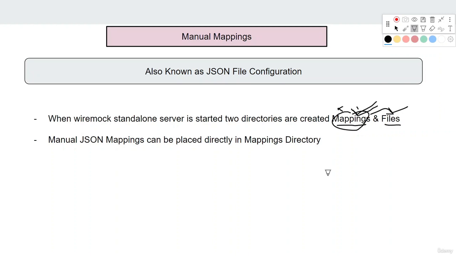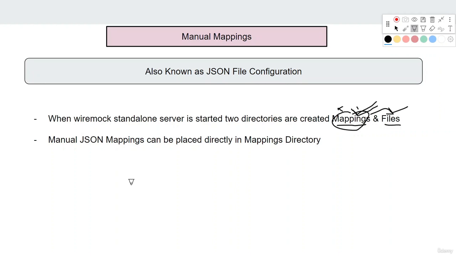So manual mappings, JSON mappings, are quite simple, and they are not used quite frequently, but where they are helpful is, suppose you have a team or a project where multiple members are working on the same project, and you want to get the mappings or the particular API mocks from someone within your team.